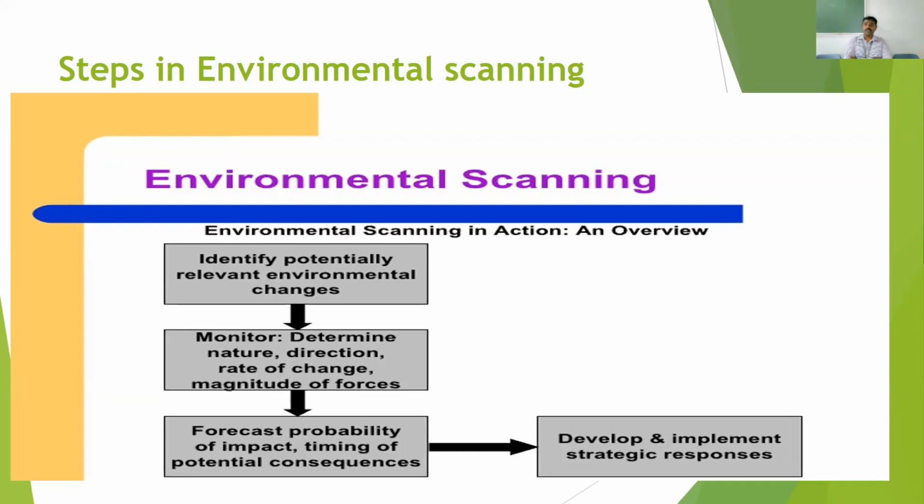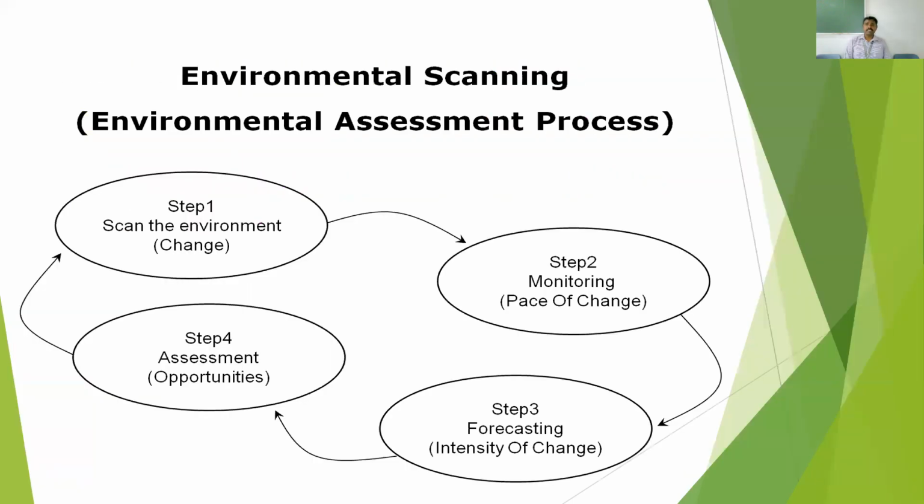Whatever problem you identified, the probability of impact you forecasted, and when it is going to happen that you also predicted, accordingly you have to develop and implement the strategic responses. That is called environmental scanning.